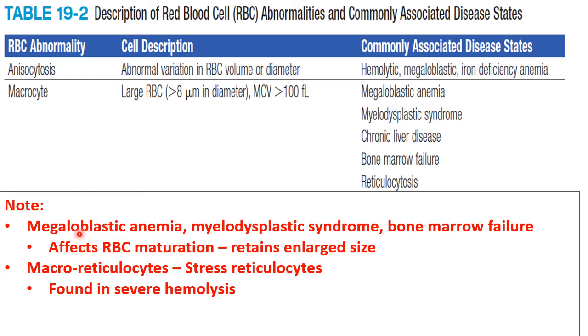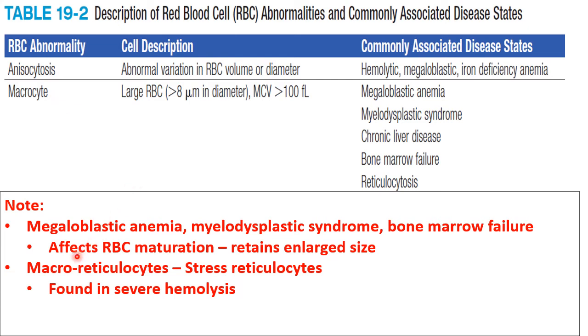Lahat may problema sa bone marrow, which mainly affects the RBC maturation. And based dun sa rules natin, di ba, once RBC matures, dapat lumiliit yung size. Pero meron nga tayong derangement, no? So, it will retain the enlarged size, causing macrocytes.